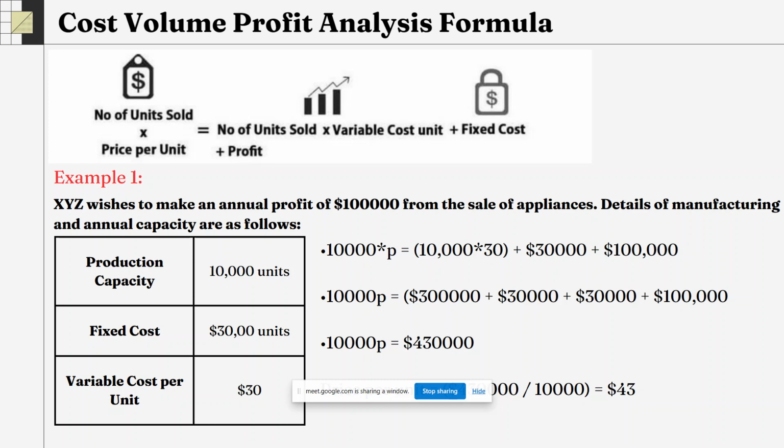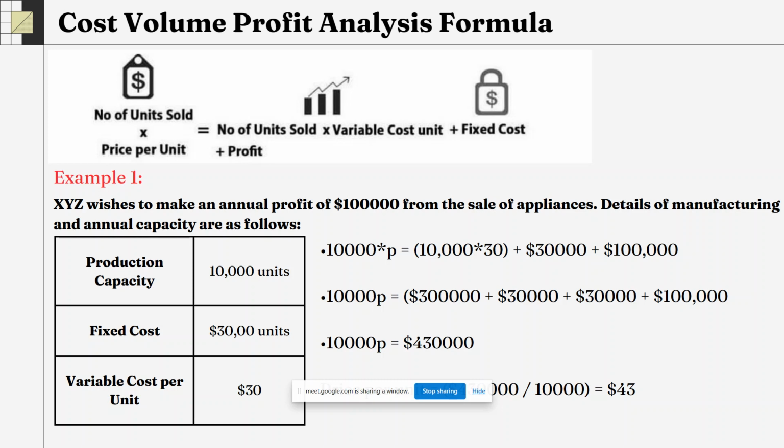So, para makuha natin yung price per unit, ang gagawin natin dyan is i-divide natin yung 430,000 sa production capacity, which is the 10,000. So, 430,000 divided by 10,000 is equal to 43.